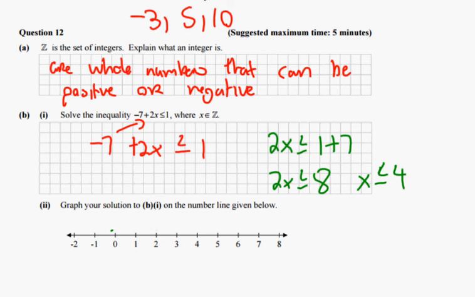So you have to have whole numbers. Is 4 included? Smaller than or equal to 4. Equal to 4. So that'll be that one there. 3, 2, 1, 0, minus 1, minus 2, and all the way to the left. Alright. Moving on.